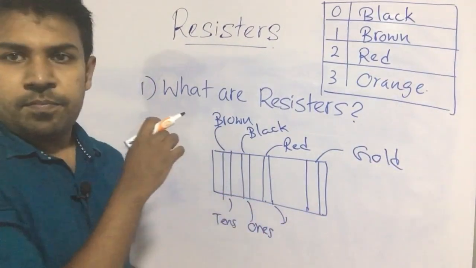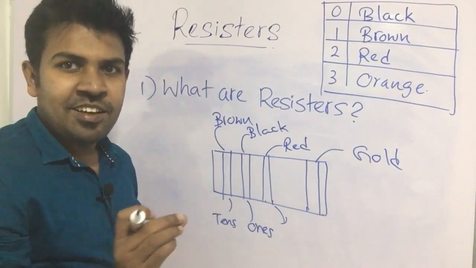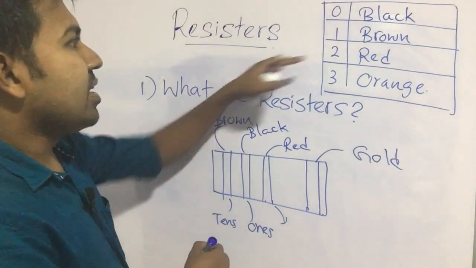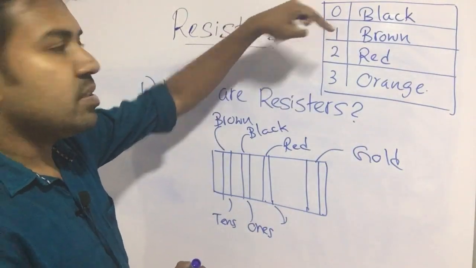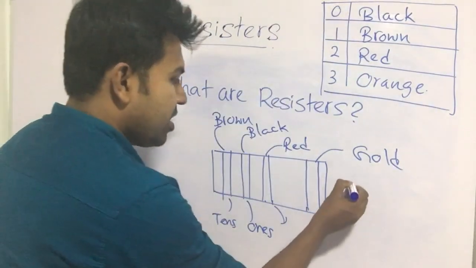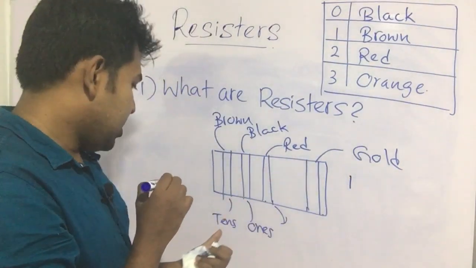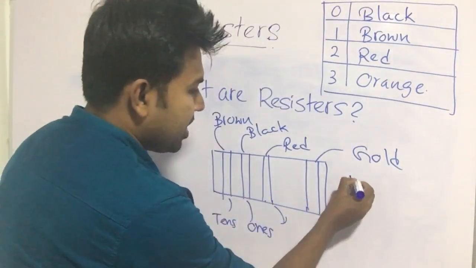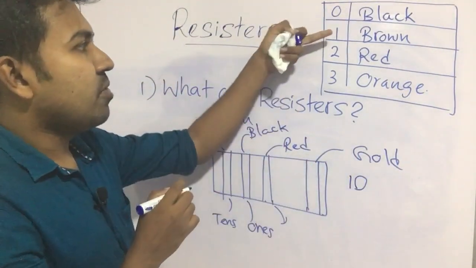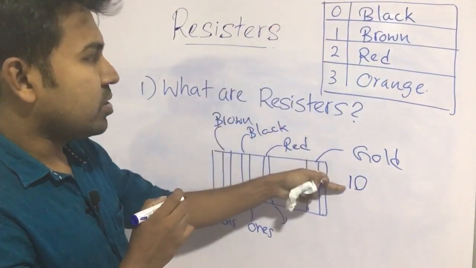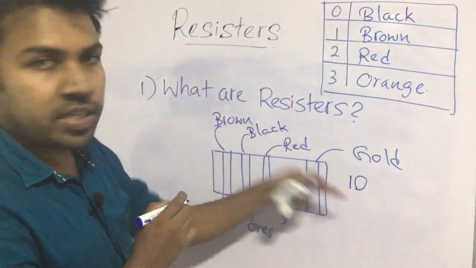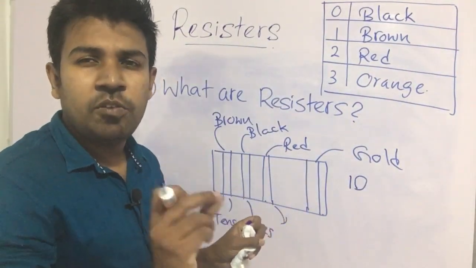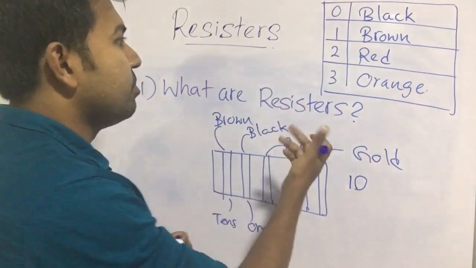Here, how we do this question: initially you take the brown color. For brown, they mention number 1, so you put 1. Then the second color is black, 0, so you put that number also. Brown, 1; black, 0. Then the third line is the multiplier line, you will put the power of 10 of that number.